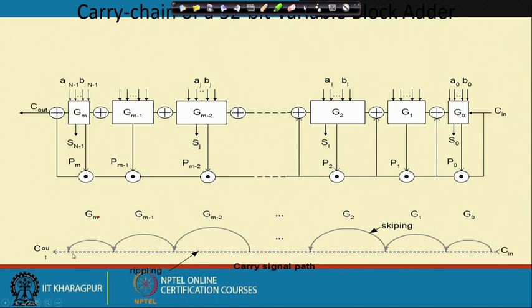So, in this fashion it can ripple. This is the carry signal path, and finally, you can get the final C out signal. Okay.